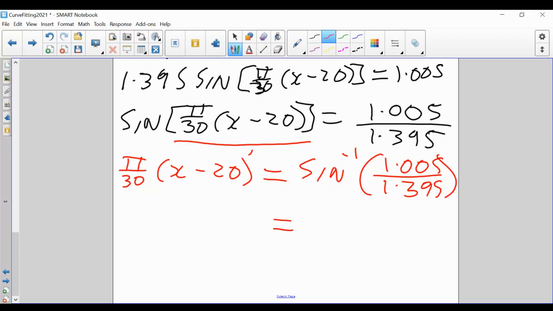Hunayin, you're there, right? Perfect. Can you give me that number, please? What's the sine inverse of that? I'm asking you to calculate the thing I just underlined. That's the question.